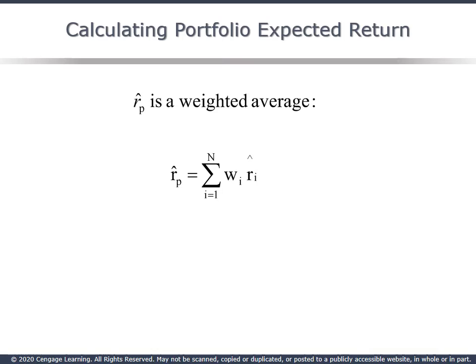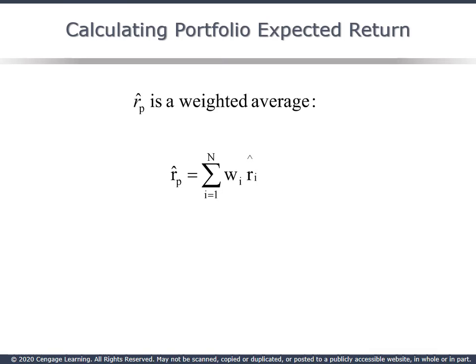Now, in our previous mini lecture, we talked about finding the expected return on individual assets. So we know how to find R hat sub i. What are the weights, however, in this formula?